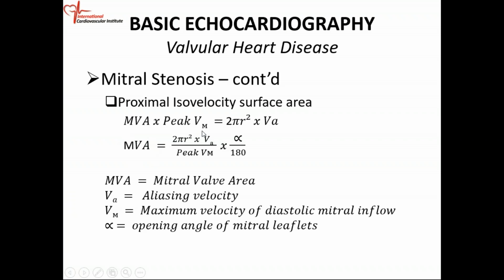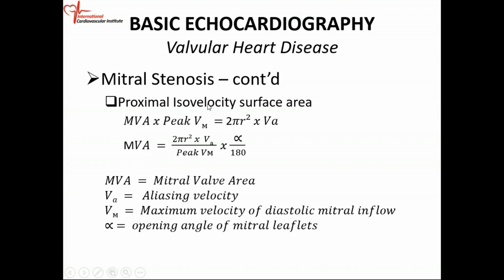Because all of these, from the PISA, you can get the radius. The aliasing velocity is what you adjust, something you do in the lab, and you can just measure the peak mitral velocity. Okay, so these are all known. The only unknown is the mitral valve area.